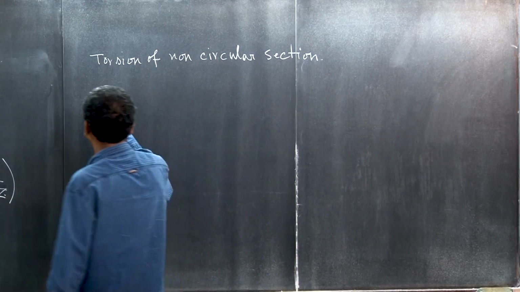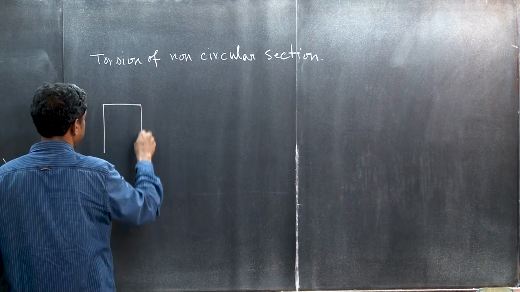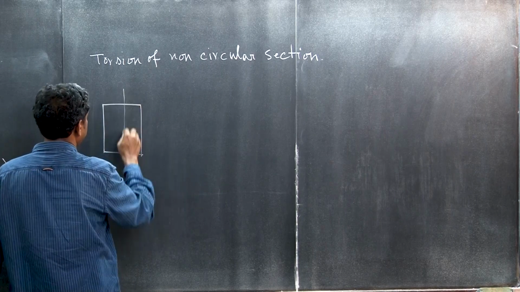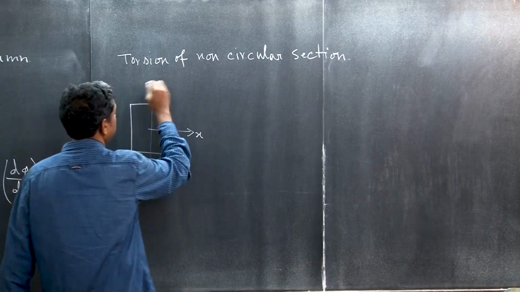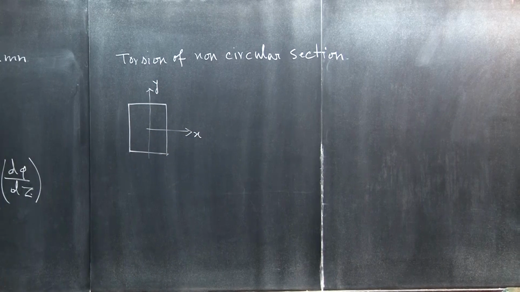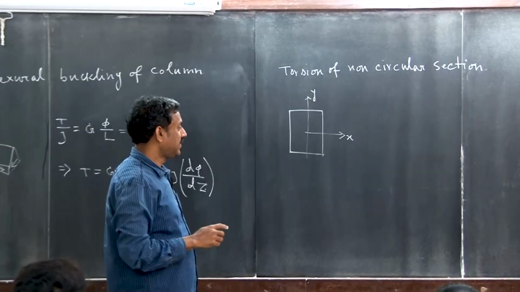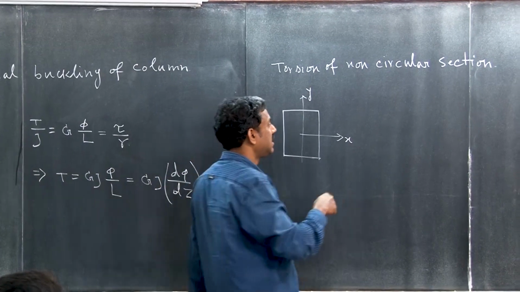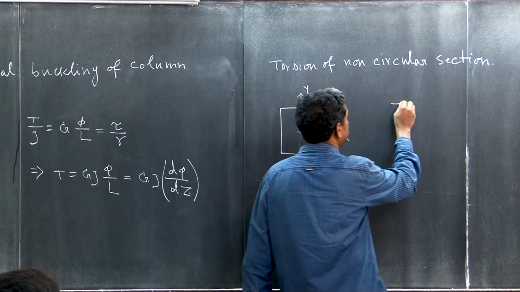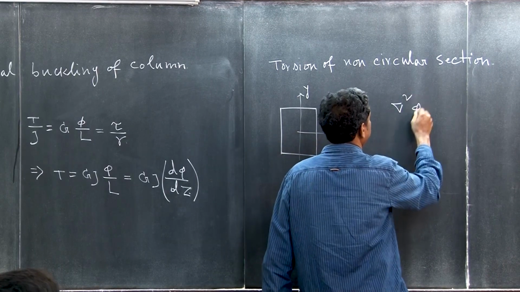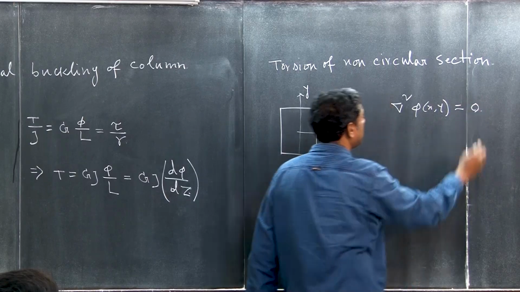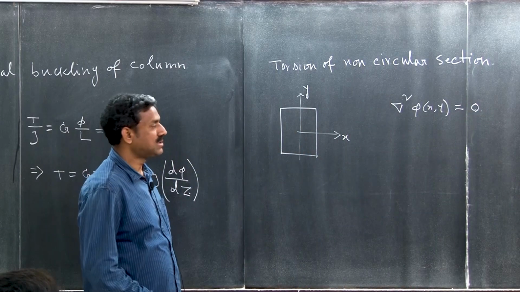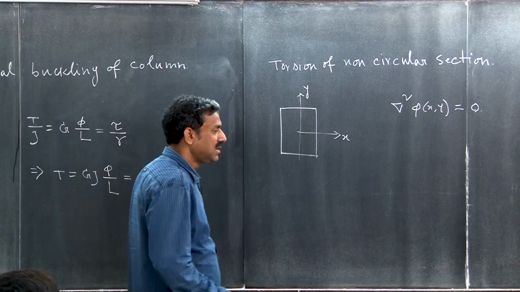For example, if you consider a rectangular section, you have seen that you can have either a displacement formulation or a stress formulation. If you recall, the governing equation was equal to 0, the Prandtl stress function formulation.